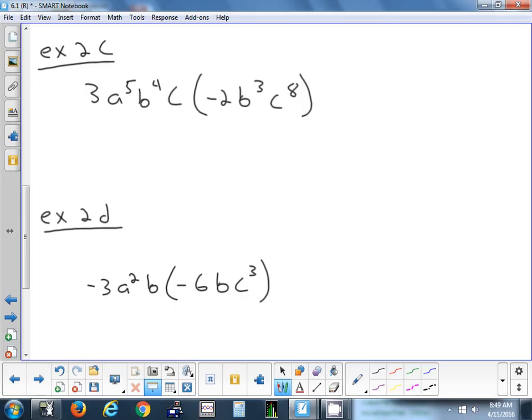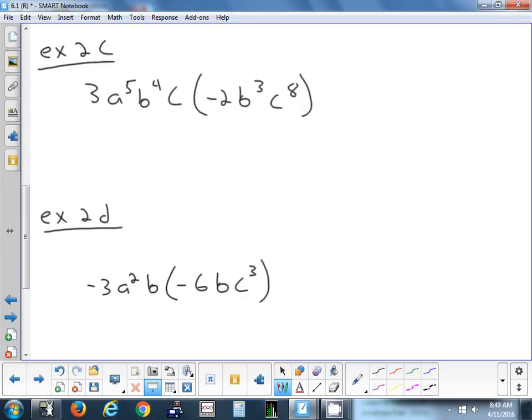The sign to the left goes with the number, like this negative sign goes with the 2. We talked about that this year. When we're doing this kind of stuff, the exponent to the right belongs to that base. So the 5 belongs to that A, the 4 belongs to that B.